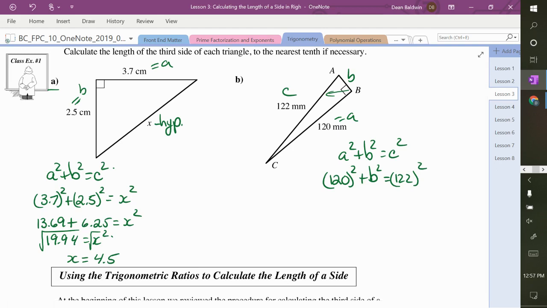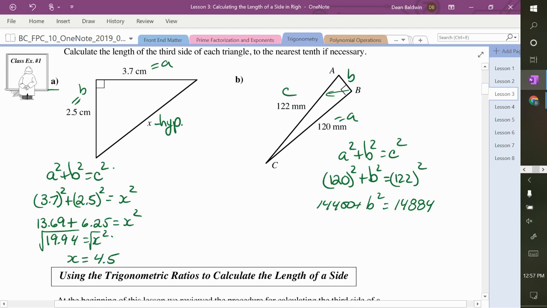All right. What's 122 squared? Really big number. 14,884. It is 122, isn't it? Oh, I did. Yeah. 120 squared is 14,400. There.